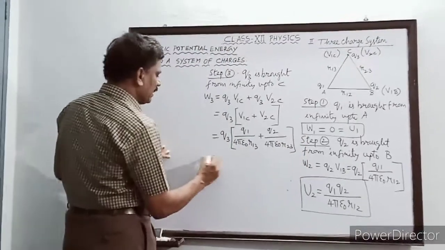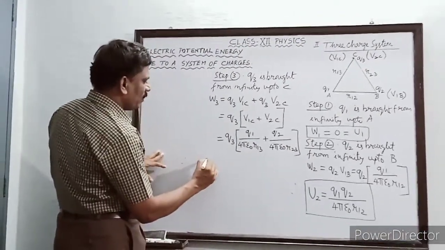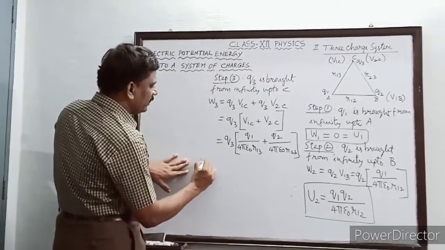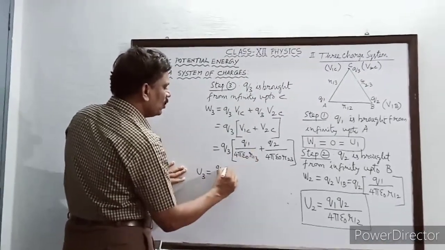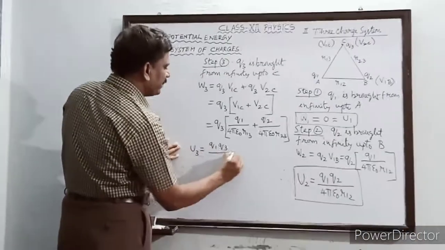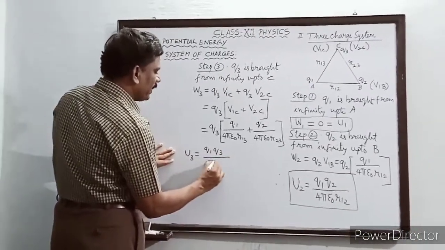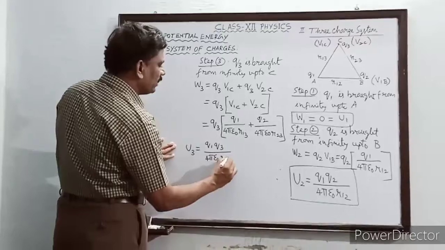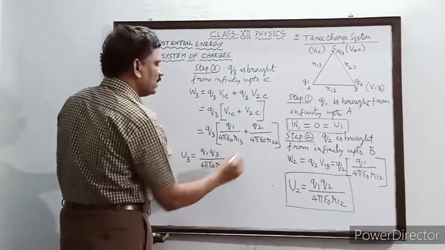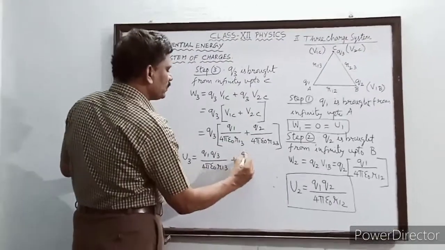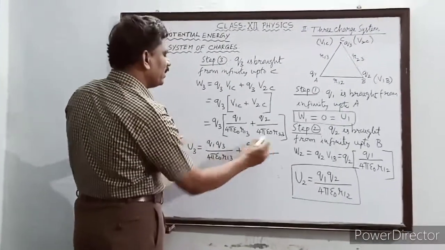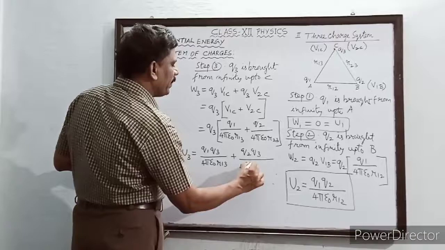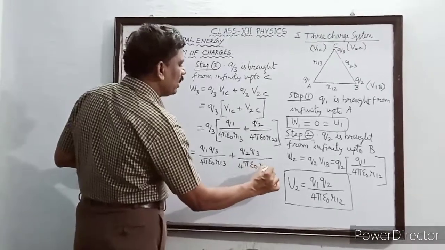So the work done now is equal to U3. This is equal to Q1 into Q3 divided by 4 pi epsilon naught R13, first term, plus Q2 into Q3 divided by 4 pi epsilon naught into R23, second term.